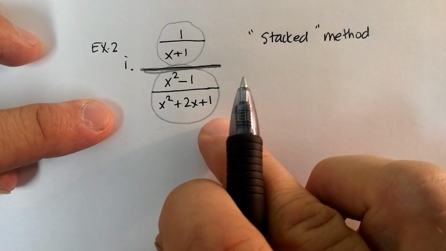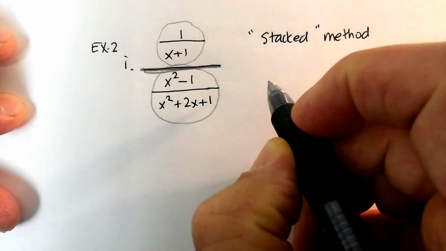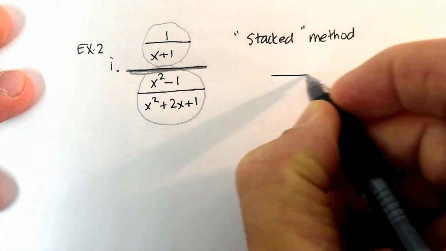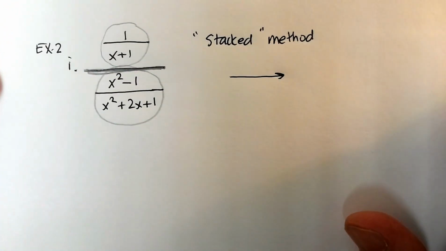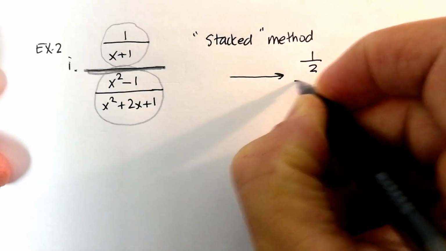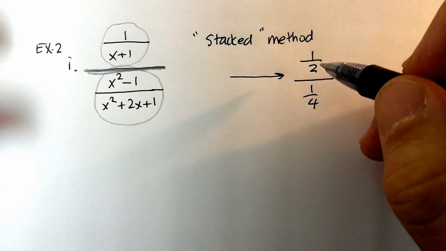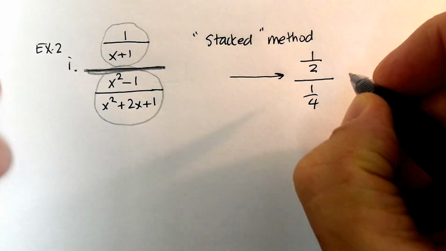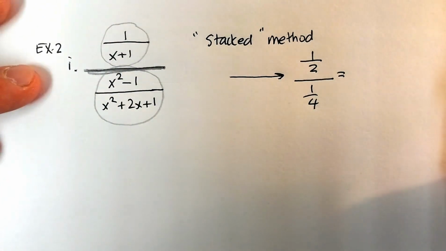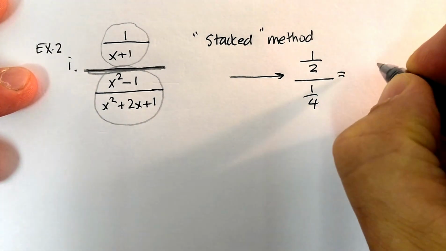Well, the clue is when you were actually dividing whole numbers. So let me just go off to the side here and give you an example of using just regular whole numbers. If I had something like 1/2 divided by 1/4, how would you solve that? Or how would you start to simplify that? Well, I think you remember back in earlier math classes, you just divide, or multiply rather, by the reciprocal.